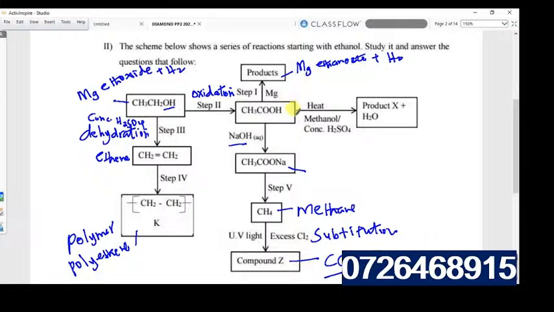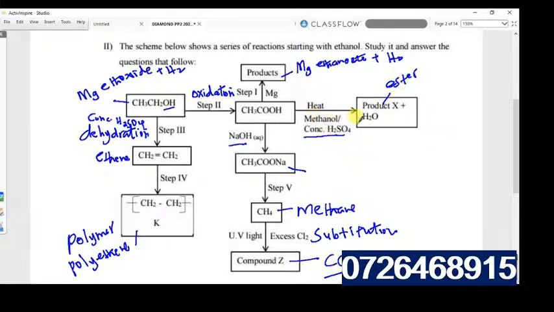Then we have this one, which is heated with methanol. We are using methanol and ethanoic acid, an acid plus an alcohol. That process is esterification. In the presence of sulfuric acid we are going to form an ester, and water is formed.